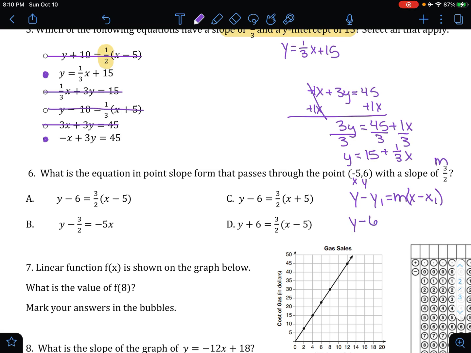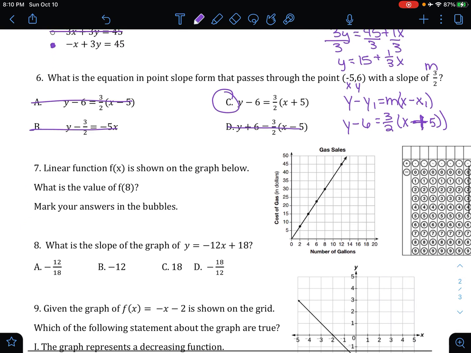So y minus 6 equals 3/2 times x minus -5. Well, we know 2 negatives make a positive. So I do know that it has to be x plus 5, which eliminates answer choice A, answer choice B, and answer choice D. So that leaves me with C being the correct answer choice.